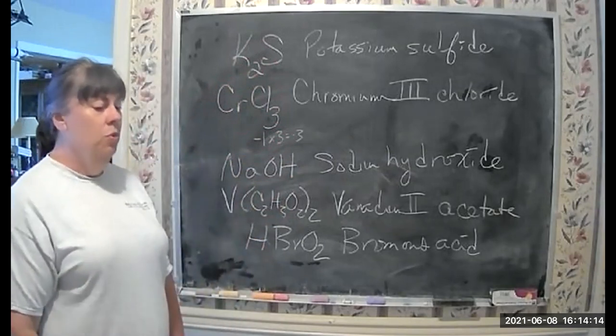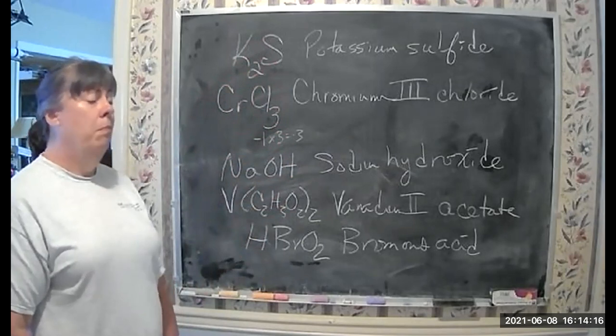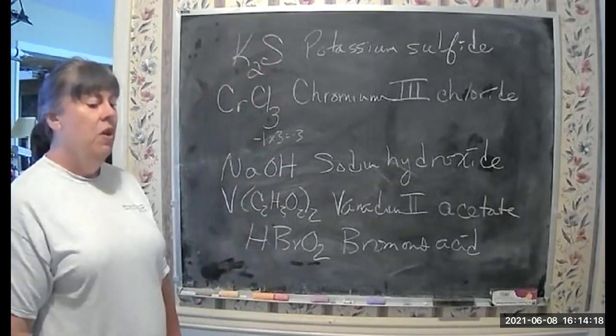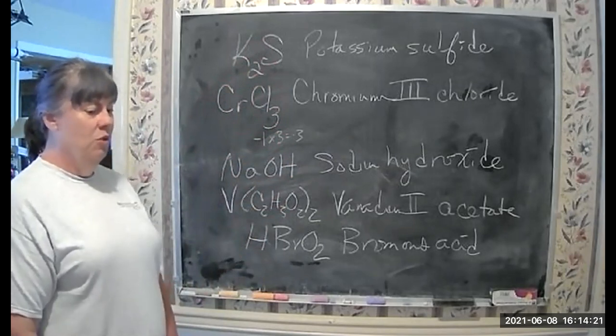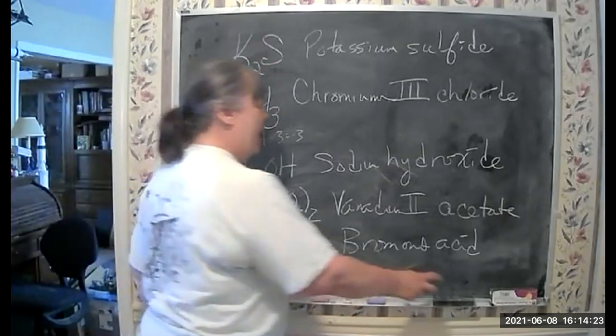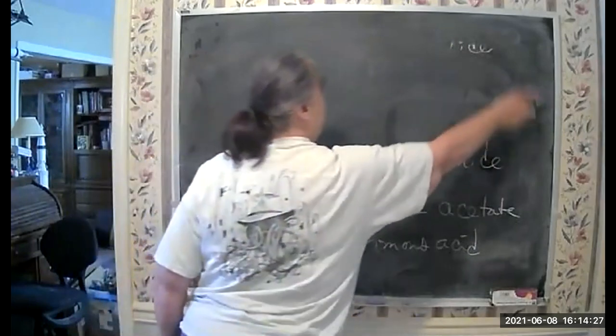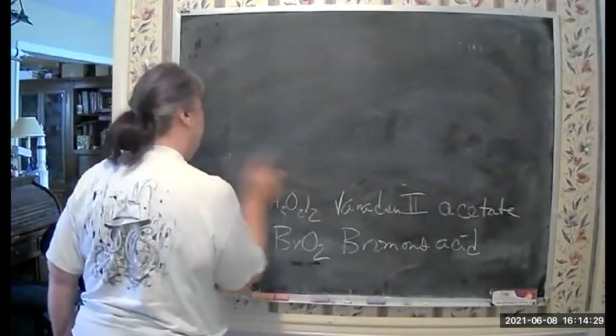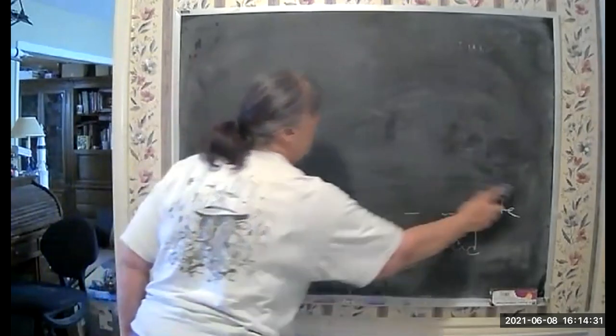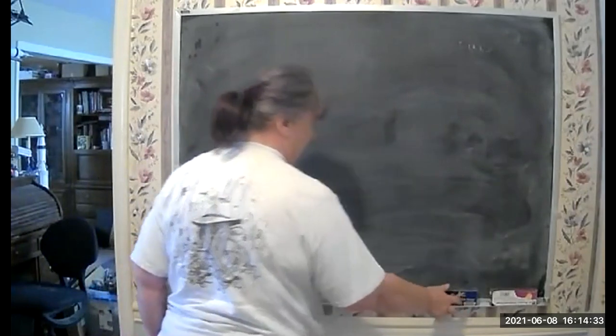However, you must be able to go in both directions. I usually refer to the other one as the backwards direction. And statistically speaking, people have more problem with this: looking at the name and figuring out what the formula is.